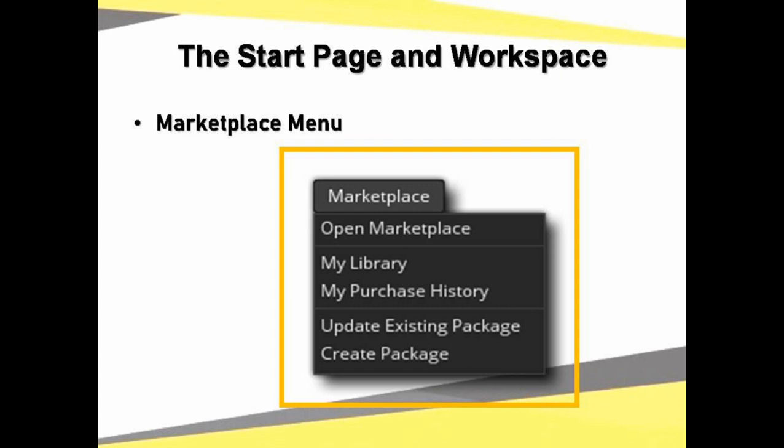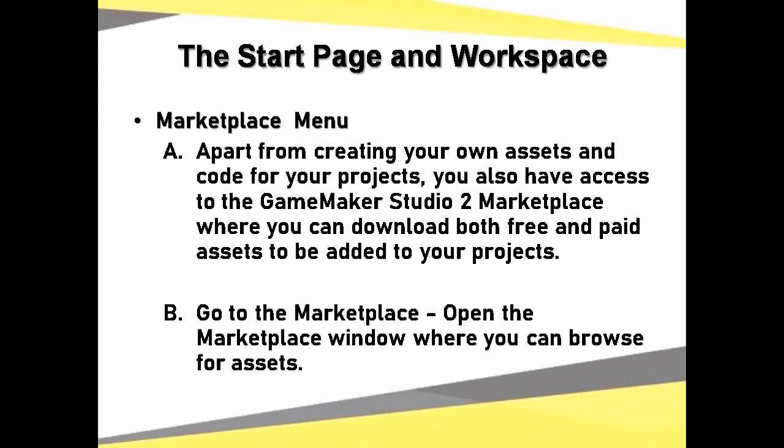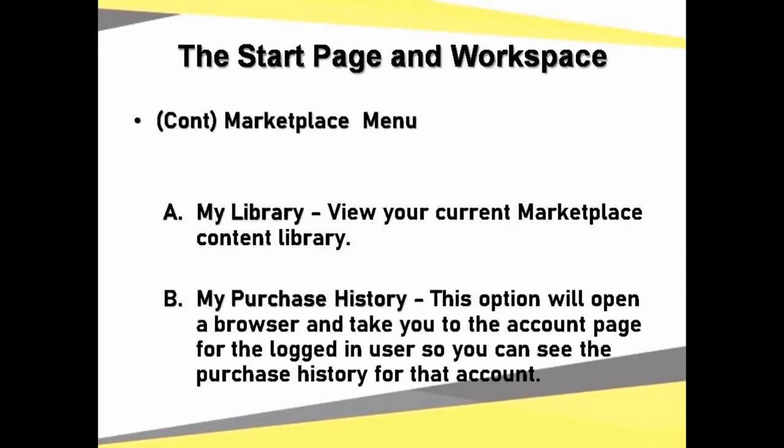So what are all of these? Let's look at all of them. So first, go to the marketplace is to open the marketplace window. If, for example, we want to look at different assets available, like images, objects, or any functions available in the marketplace itself, we can buy them, download them, or use them to integrate into our project files.